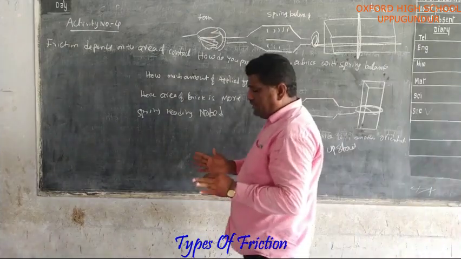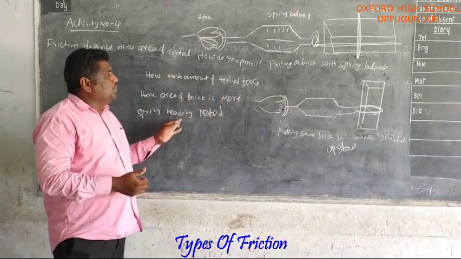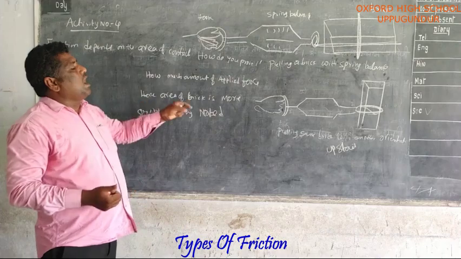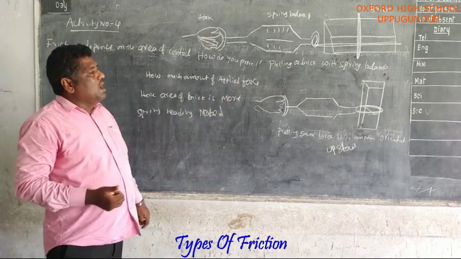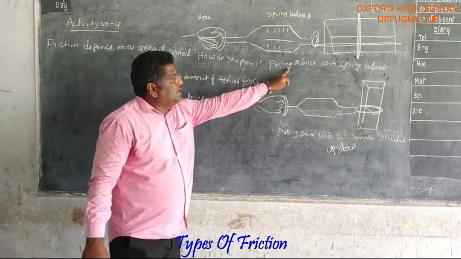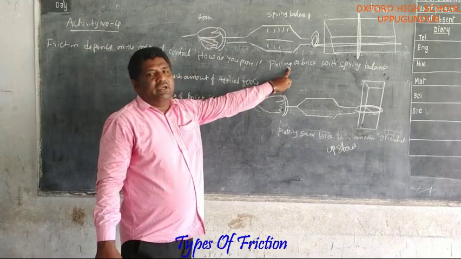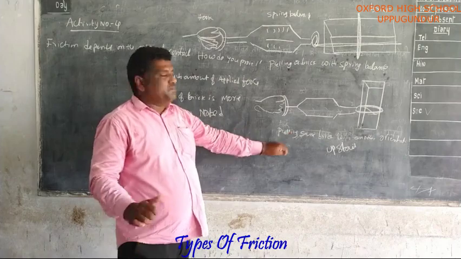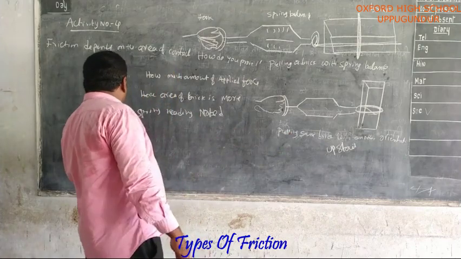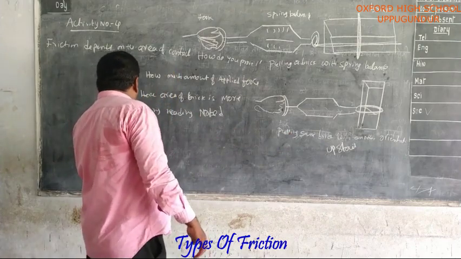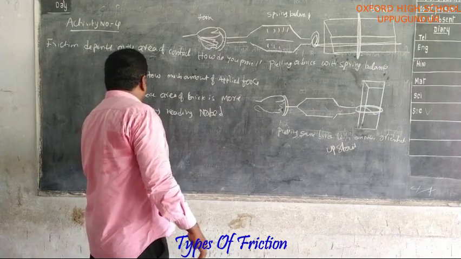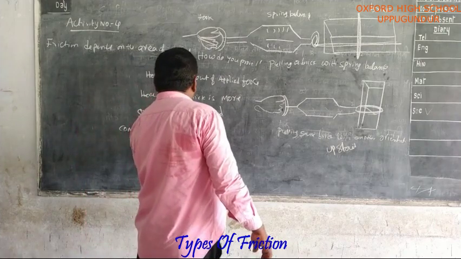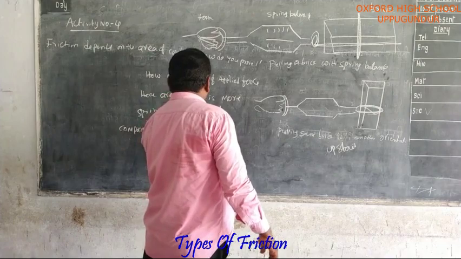Again we take one string, pull the brick and note this reading. Here the area of contact is very large, but in the second activity the area of contact is very small.